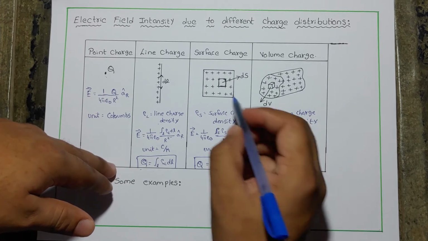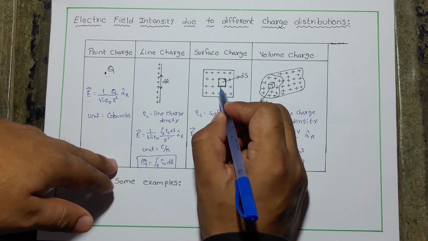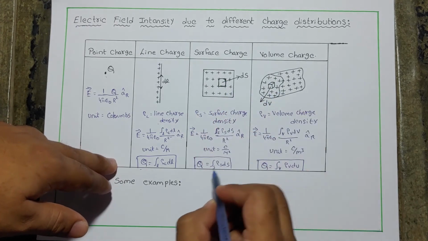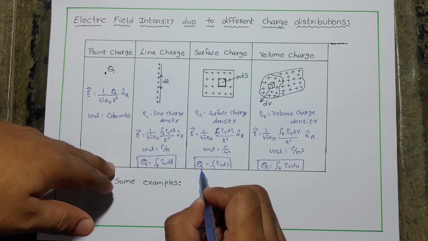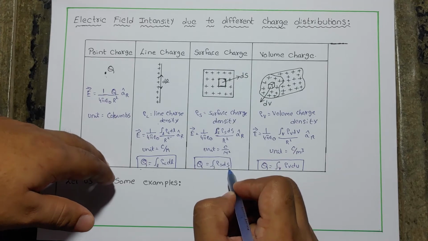Here meter square is due to this being a differential element of 2D, which is length and breadth, and the charge is given by surface integral of rho s ds.